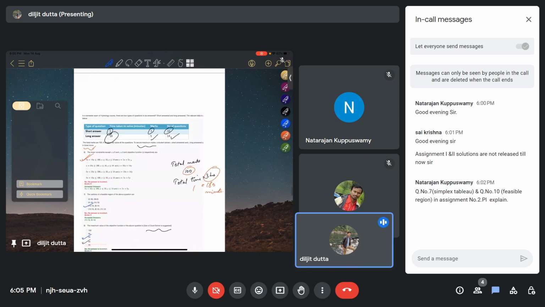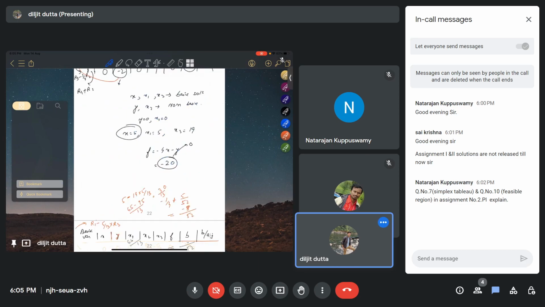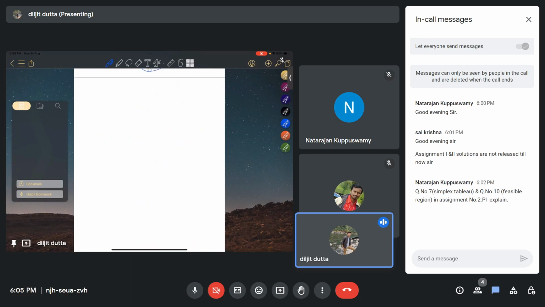So we have to do the row operations initially. Did you try doing the row operations like I taught in the last class? I have a doubt, sir, where to start. Some equations are given, how to start it, that is the problem. Okay, then I will show it to you.